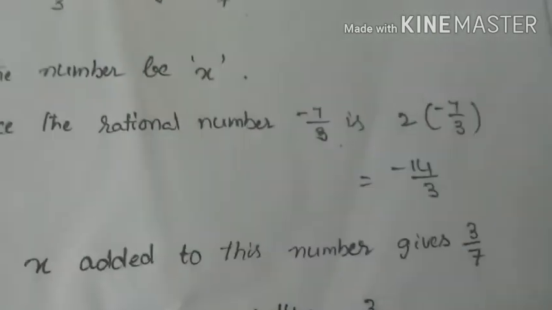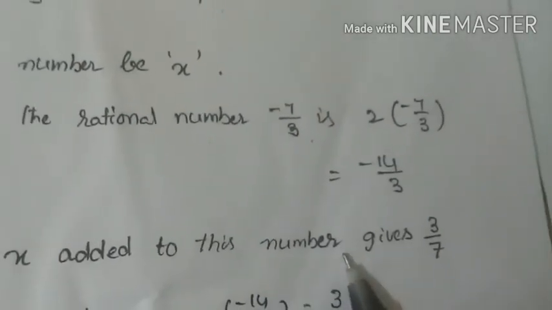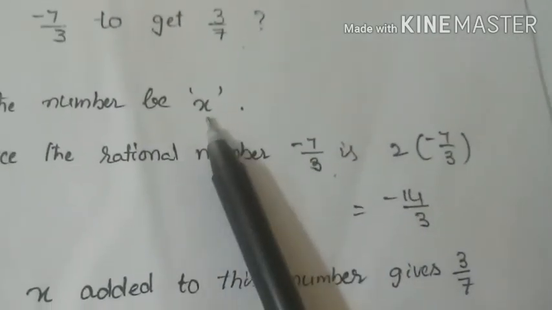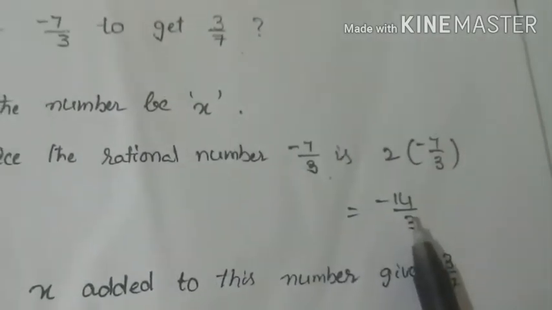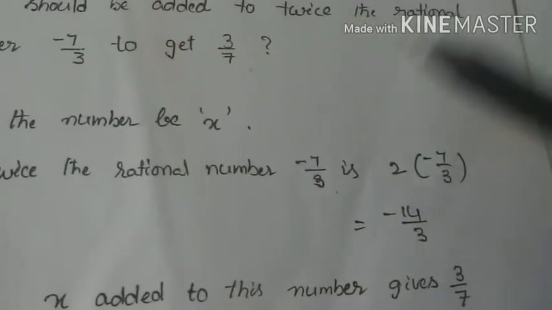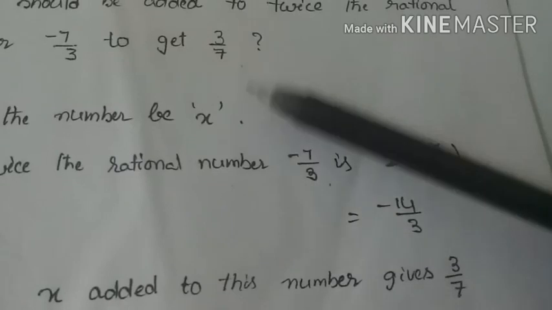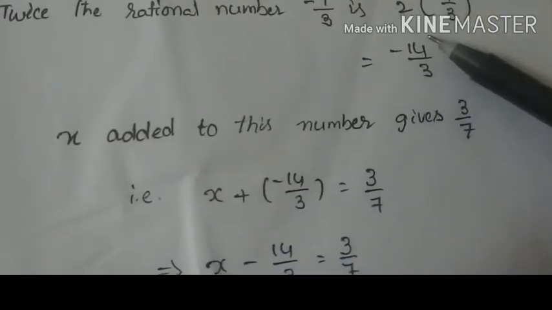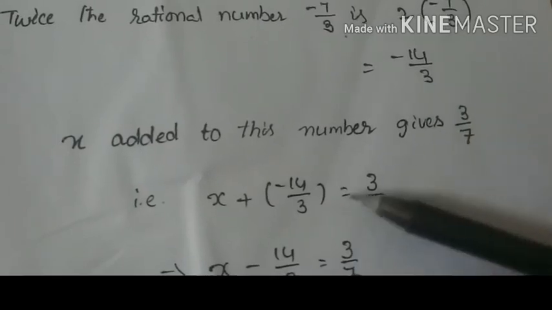Twice the rational number minus 7 by 3 becomes minus 14 by 3. Now x added to this number gives 3 by 7. Now it should be added to this part, minus 14 by 3. Then how much you got? 3 by 7. That is x plus minus 14 by 3 is equal to 3 by 7.